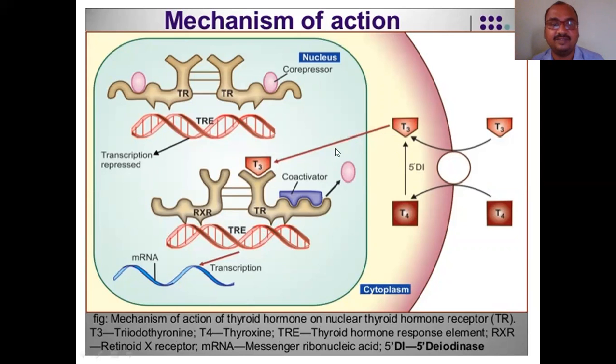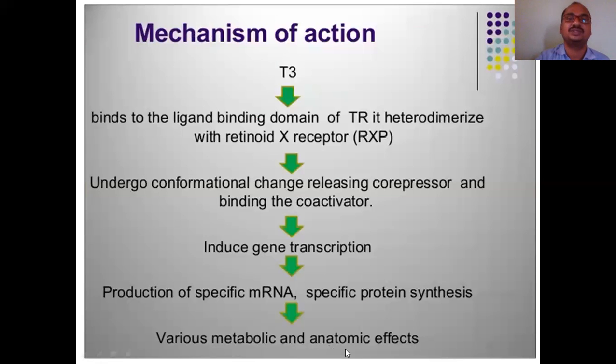So this T3 will act on the TR, the thyroid hormone receptor. Here you can see the TR. In the mechanism of action, T3 binds as a ligand to the TR, and various sequences take place, undergoing conformational changes, and finally you get the effects.